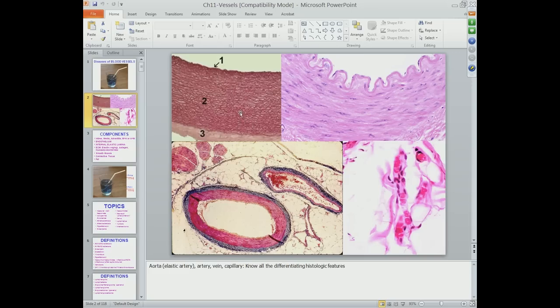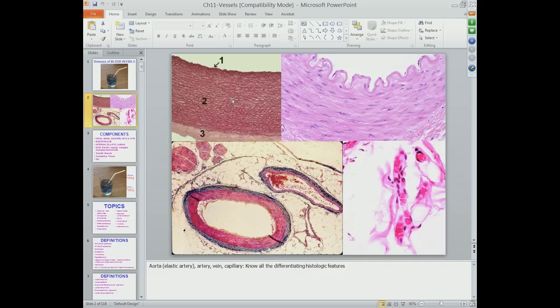And of course, now the difference between these 4 entities, heart, artery, vein, and capillary, if you want to be simplistic about it, is that the heart has a wall of striated cardiac muscle. The arteries have a wall of smooth muscle.